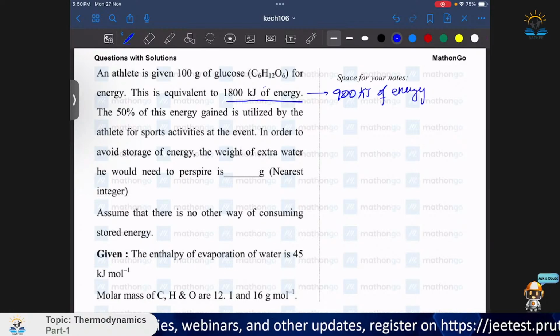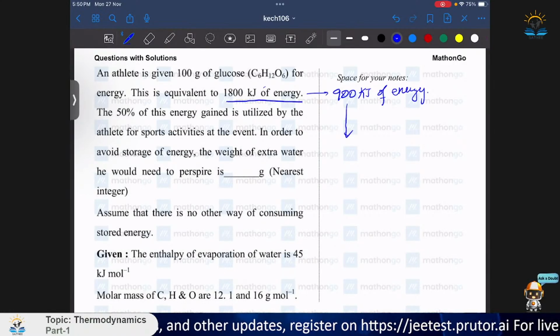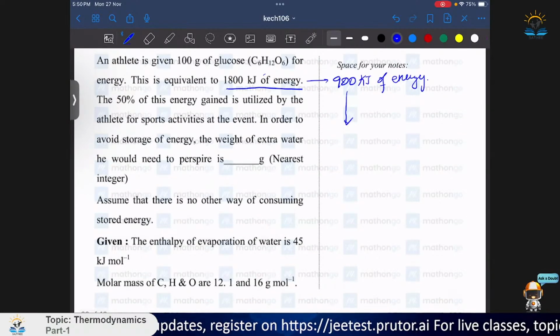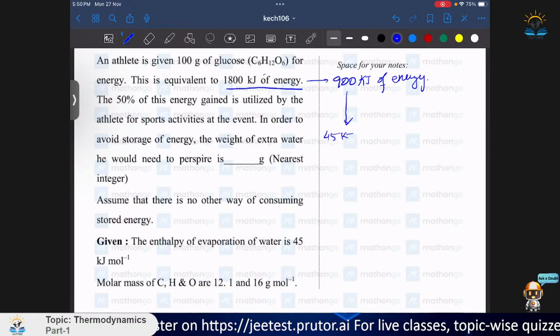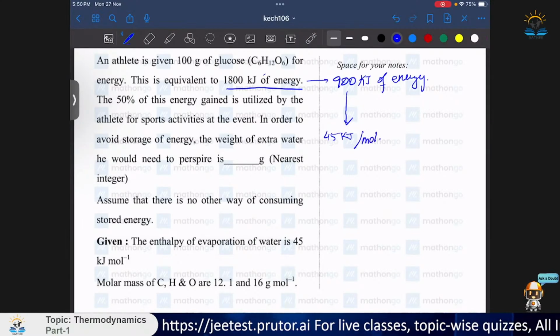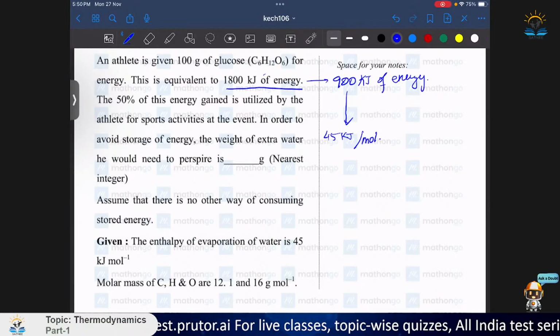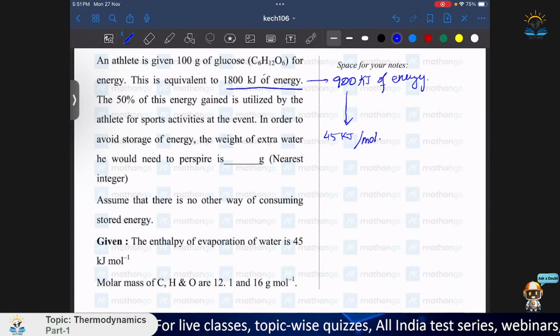Now he needs to perspire water, or evaporate some amount of water with this energy so that it is not stored. The enthalpy of vaporization of water is 45 kilojoules per mole. So to vaporize 1 mole of water, you need 45 kilojoules. How many moles of water can he evaporate with 900 kilojoules?